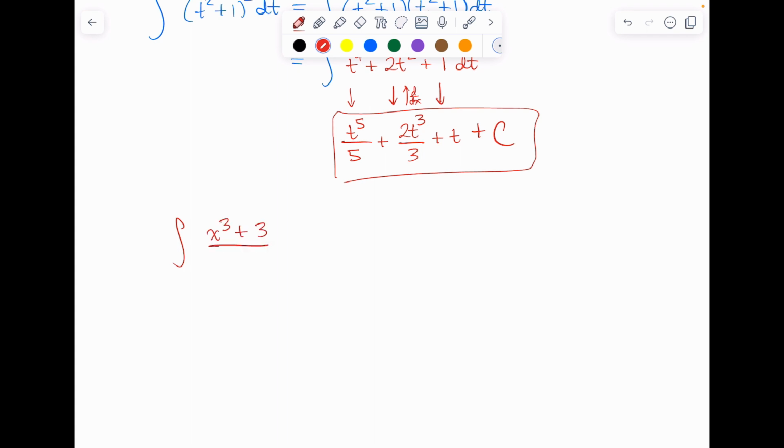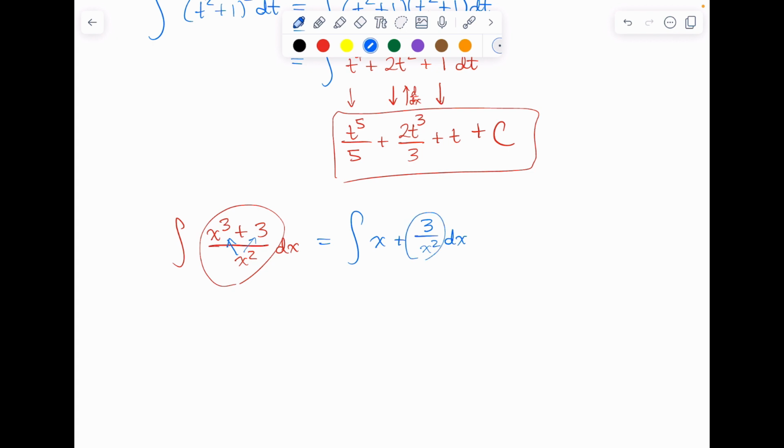The integral of x cubed plus 3 over x squared dx. Okay, how can we reduce this? Let's just divide through by x squared. This gives us the integral of x plus 3 over x squared dx.